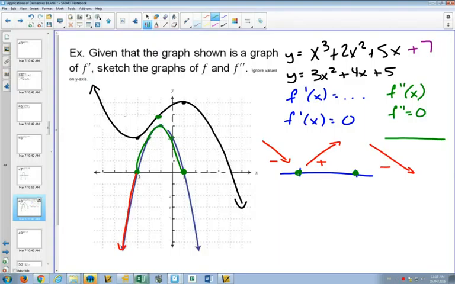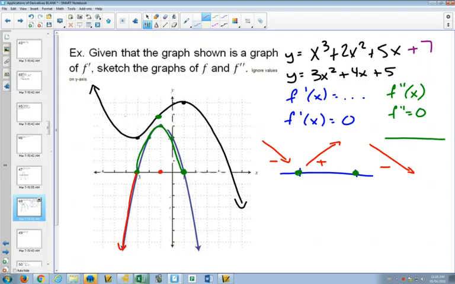Does that make sense? If I think of my second derivative as the first derivative of my first derivative, then if I'm just doing a first derivative of my first derivative, so my blue graph here is my derivative. If I do the derivative of that, wherever I have a maximum, I'm going to have a 0.